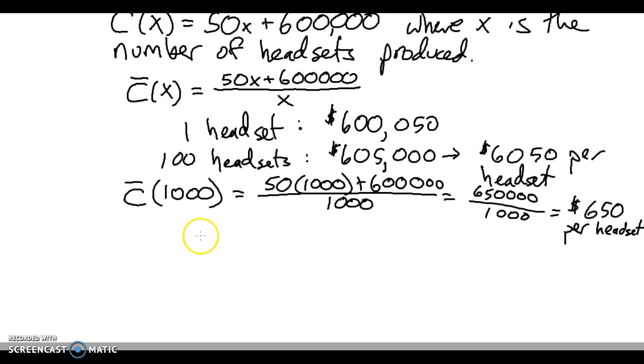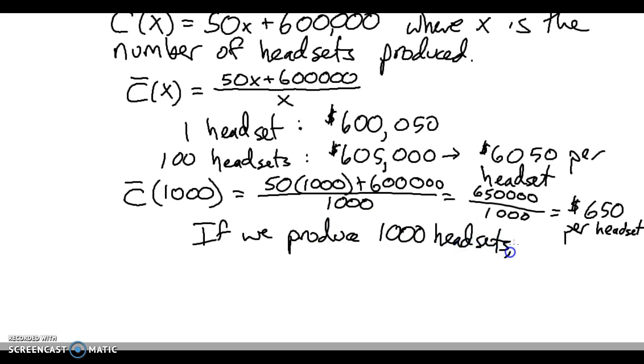So what this means is if I produce 1,000 headsets, then it will cost us $650 per headset to produce it.